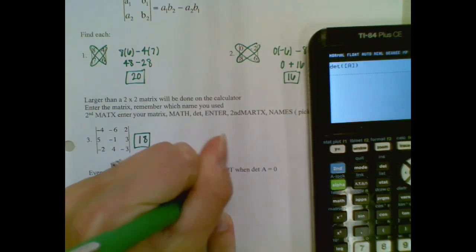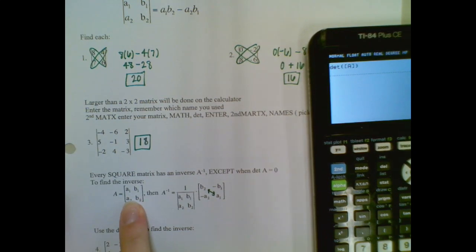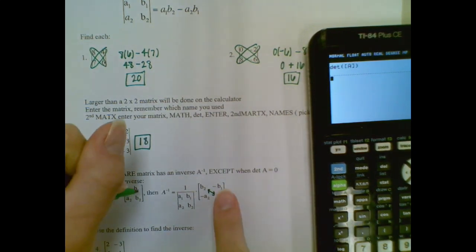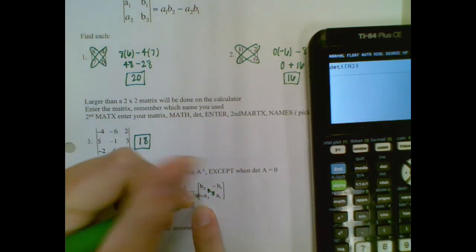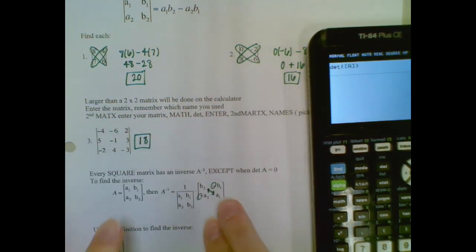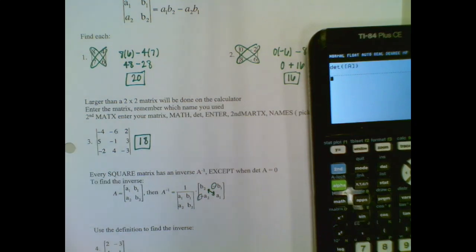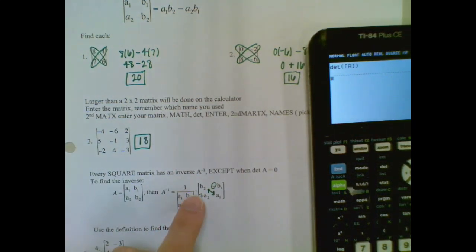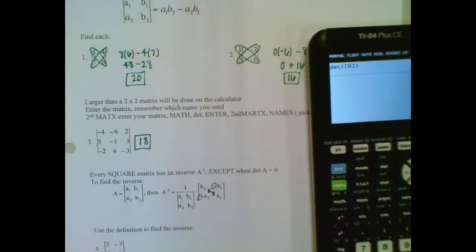See how they swap compared to the original matrix? And then notice B1 and A2 stay the same. You just change the signs on them. So just be careful with that. So you would do 1 divided by the determinant and multiply it by these changes of the matrix.